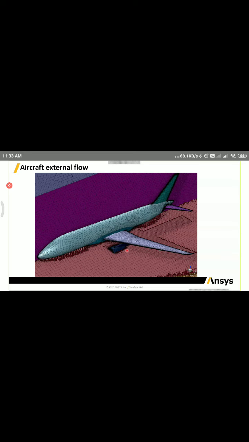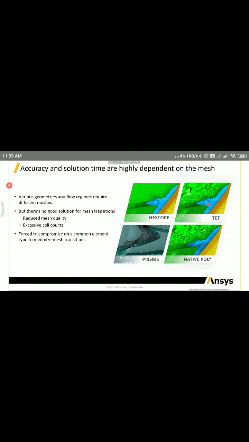As I told, the accuracy and the solution time depend on which particular algorithm I am choosing, right? If I choose tetra and prism, I may end up with a 60 to 70 million mesh count. I may end up with a similar kind of result, or the results may be a little off from the requirement. But if I go with poly or polyhex core, I may generate a mesh of just 20 million for the same model, and at the same time I'll get better results with less time for the solver, because the solver has to go through just 20 million cells instead of 60 to 80 million.